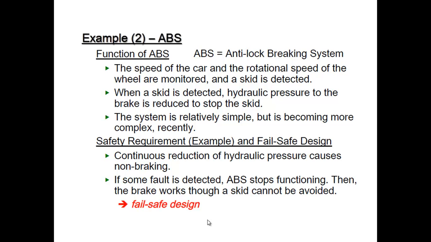When a skid is detected, hydraulic pressure to the brake is reduced to stop the skid. The system is relatively simple, but is becoming more complex recently. It ensures the safety requirements, and continuous reduction of hydraulic pressure causes non-braking. If some fault is detected, ABS stops functioning, and then the brake works, so the skid can be avoided.